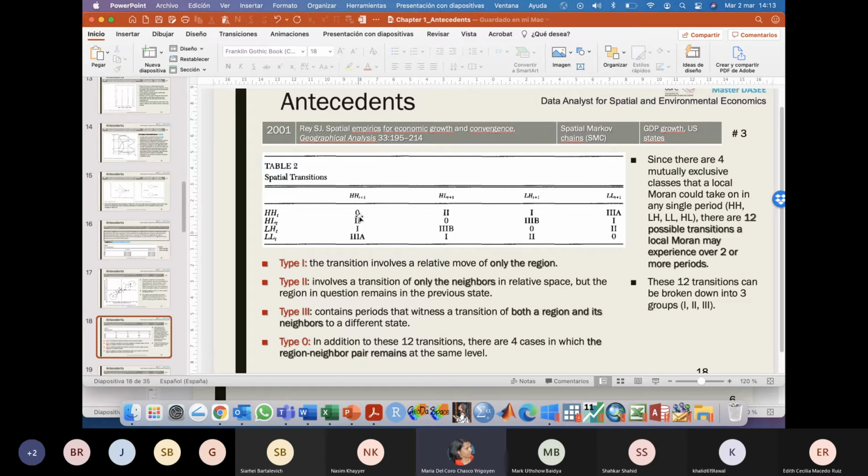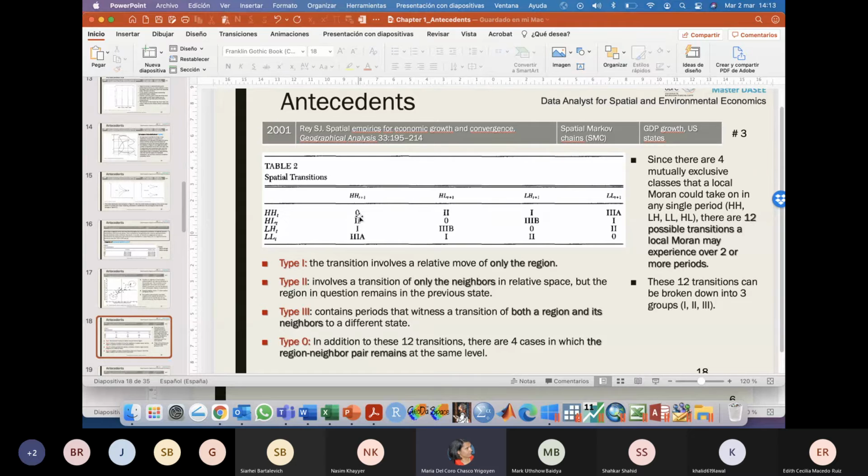This is type 1. So what is type 1? Type 1 is the one where you have a relative move of only the region, but not the neighbors. So if a region moves in terms of the intra-distributional setup, but not the neighbors, this is a kind of movement called type 1 by Rey.